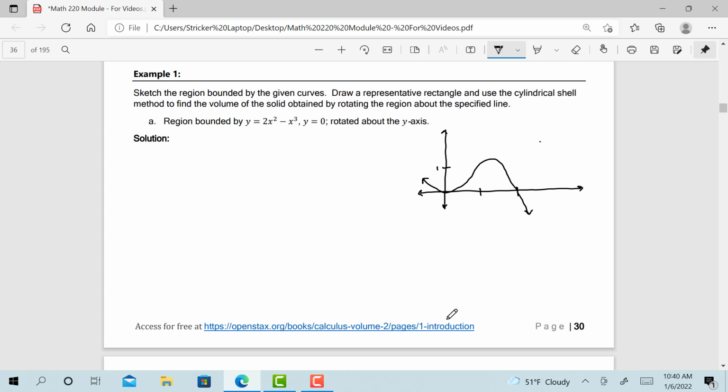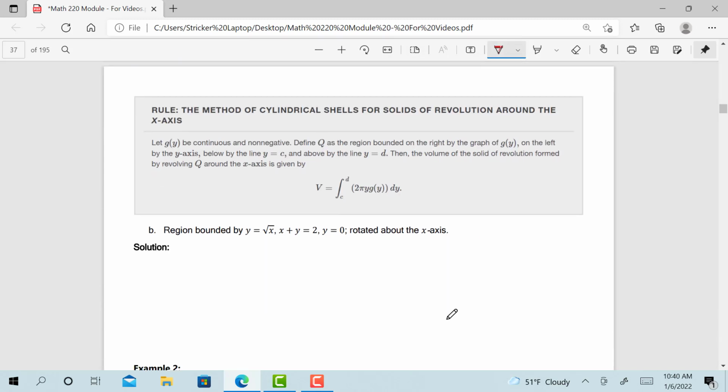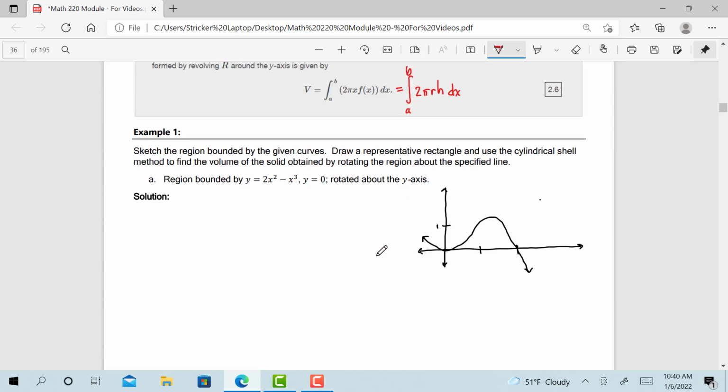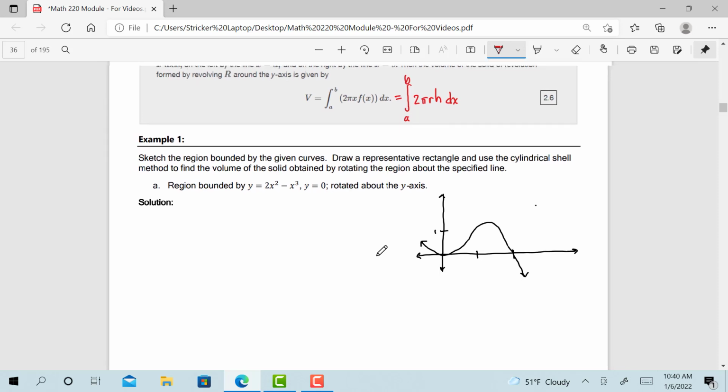Again, it's a sketch, so it's not going to be perfect.